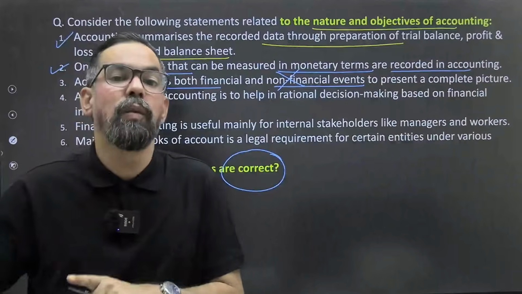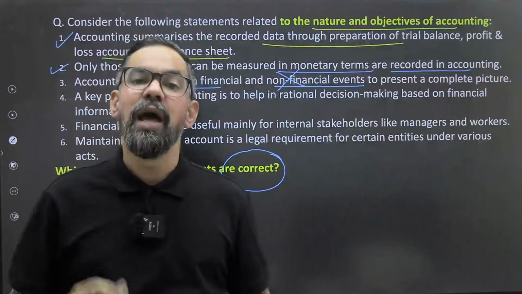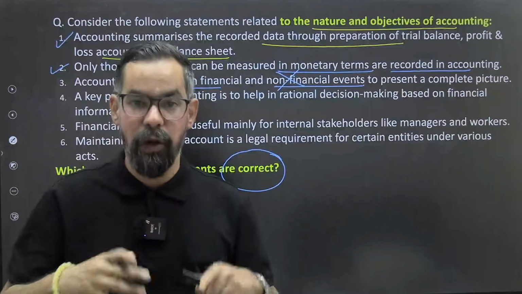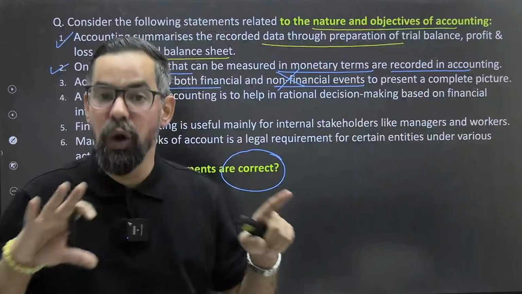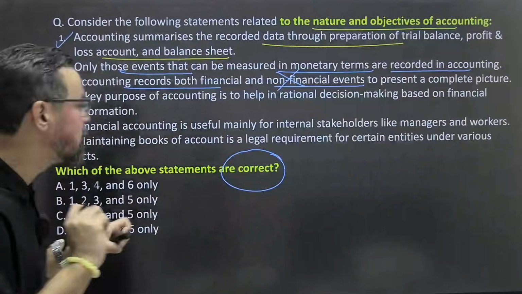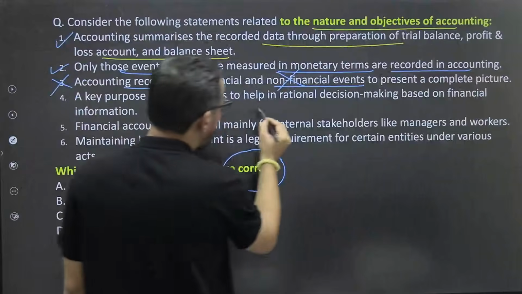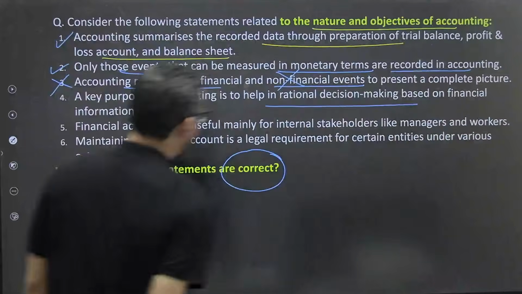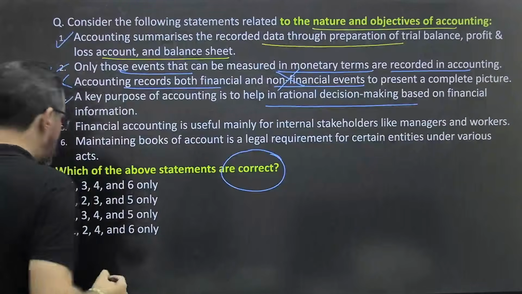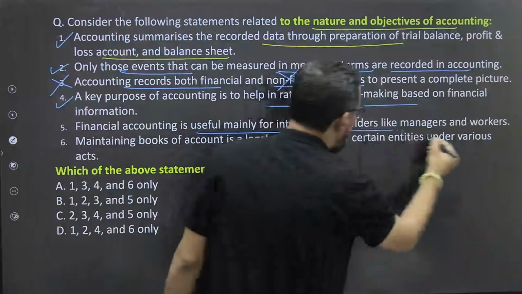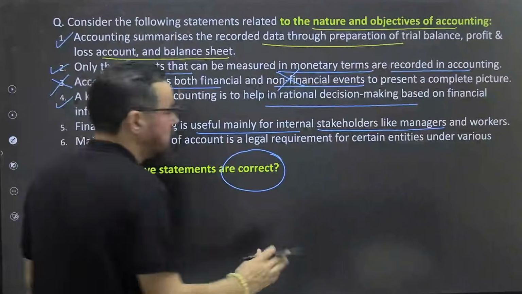Anything which cannot be measured in money, like let's say the health of the proprietor or businessman is important, or a manager is important for the business, but we are not going to account for that. So that is the logic. So this is wrong. A key purpose of accounting is to help rational decision making based on financial information. 100% true. Financial accounting is useful mainly for internal stakeholders like managers and workers.